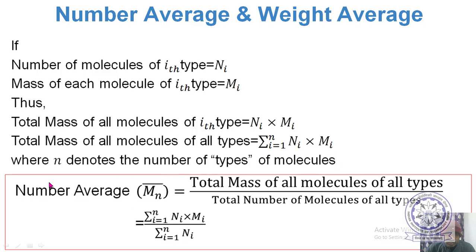From this, the number average of mass is Mn, which equals the total mass of all molecules of all types divided by the total number of molecules of all types. This is how the number average of mass is obtained.